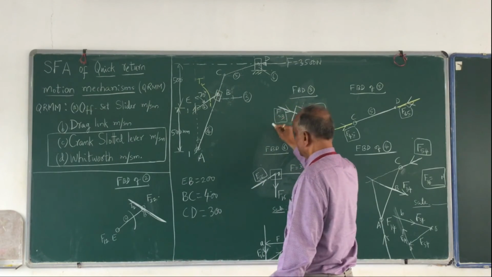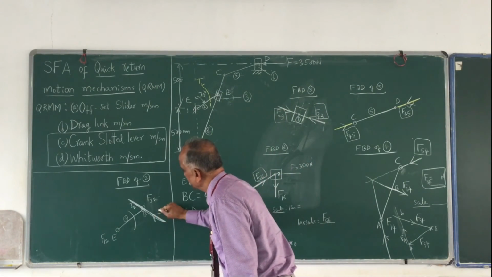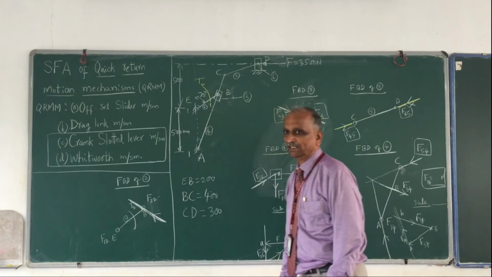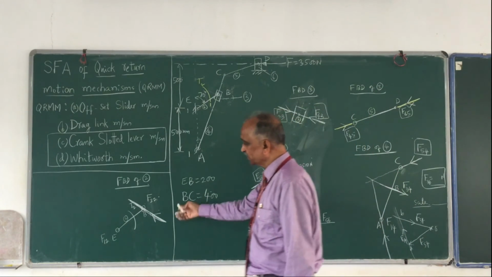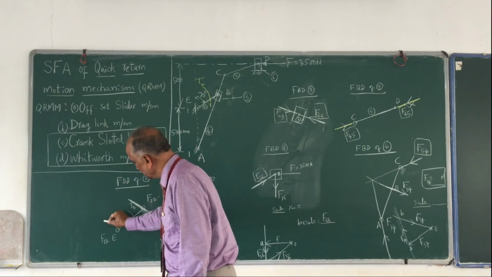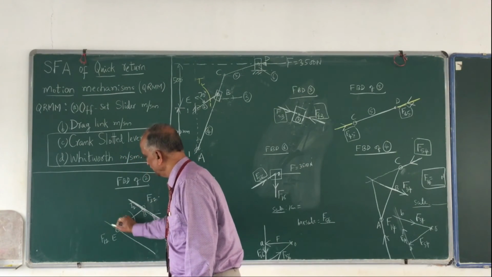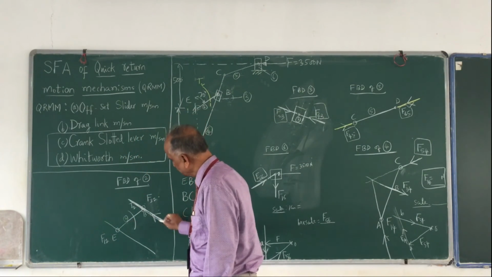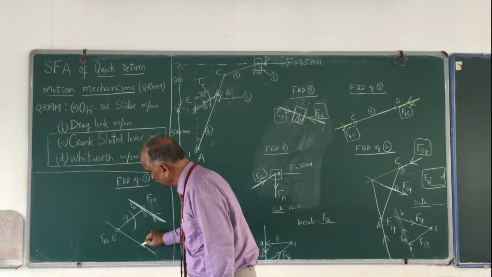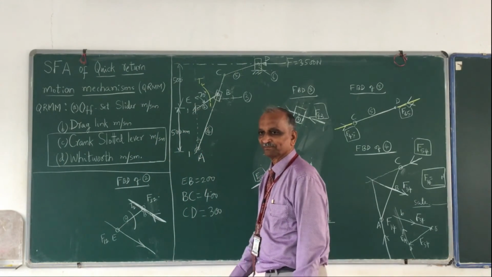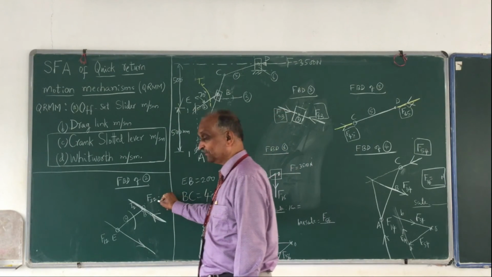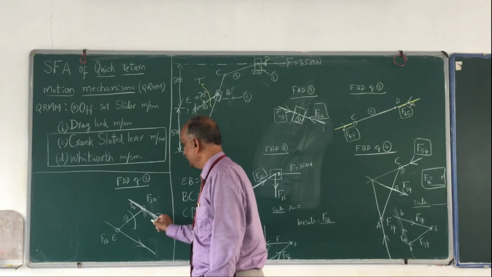F23 is like this, and therefore F32 is like this, exactly opposite. If F32 is like this, how is F12? Parallel to that. This is how F12 is. If F32 is like this, F12 is like this. So you know F32 magnitude also, please remember.